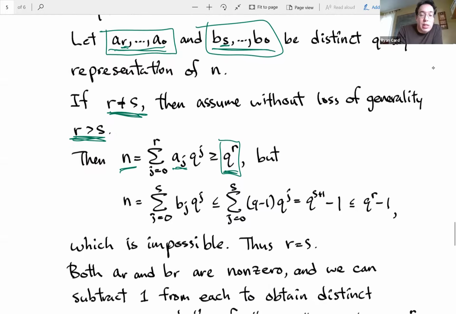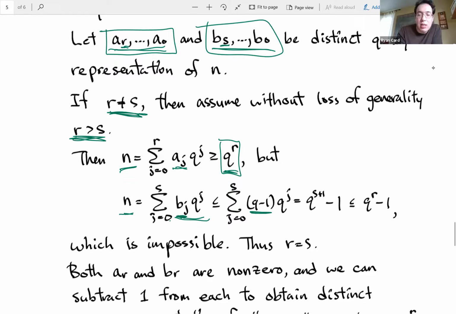On the other hand, n could also be written with all the coefficients up to power s. Okay, so this is the summation we have. Remember that b_j is a coefficient anywhere between 0 and q minus 1. So the largest it could be is q minus 1. So if I replace the b_j's with all q minus 1, I would get a bigger number, or at least as big a number as I had before.